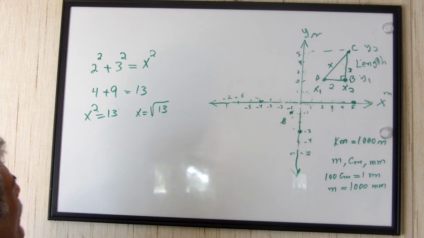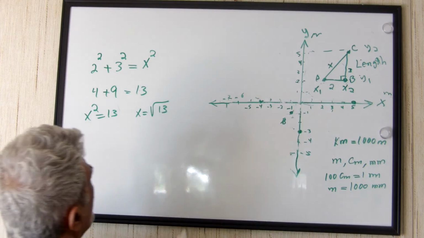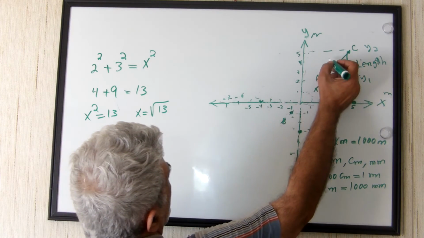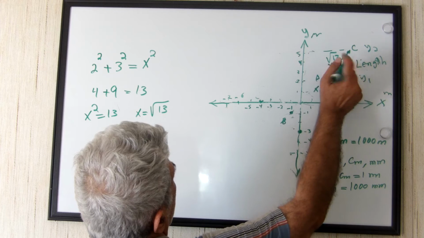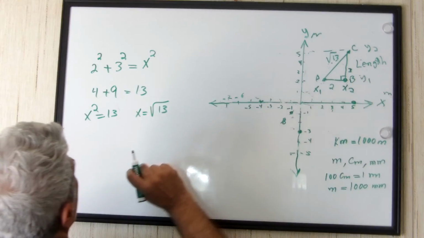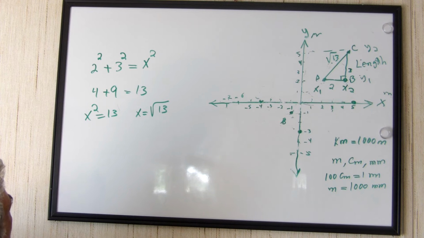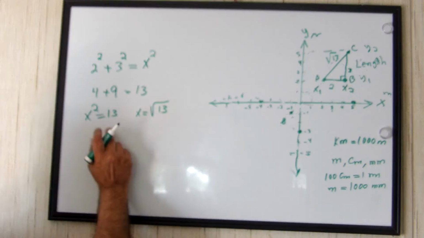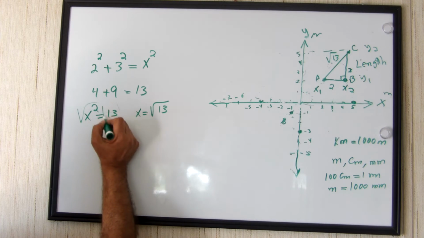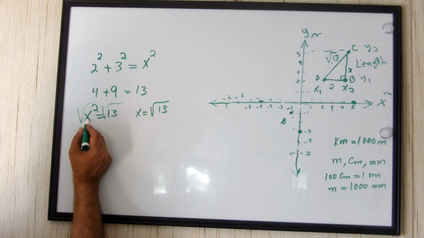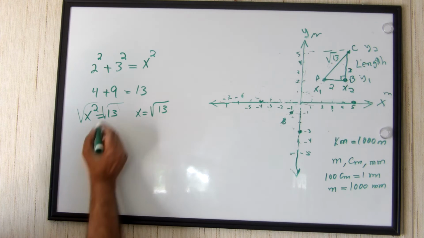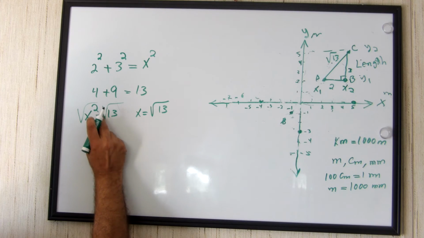We don't use the minus here, it doesn't mean anything. So x is equal to radical 13. For a square root, we square root both sides.